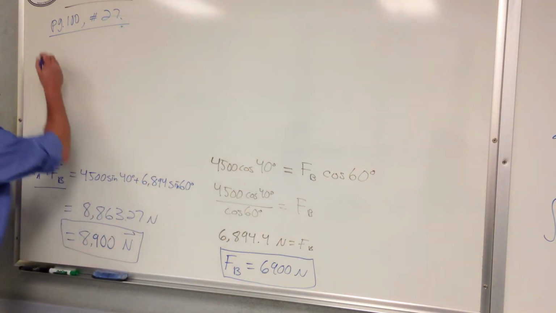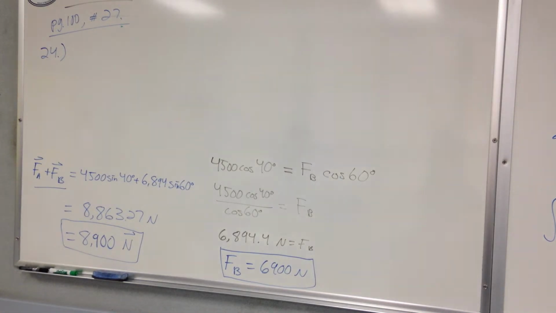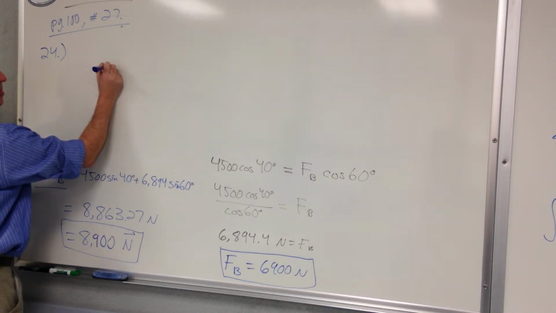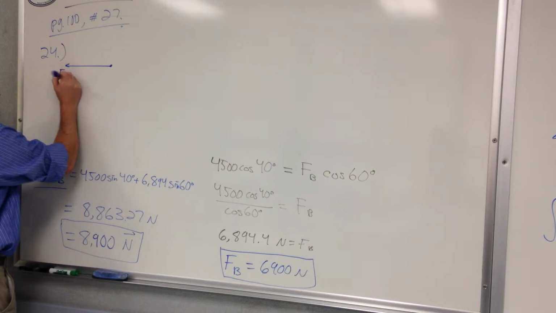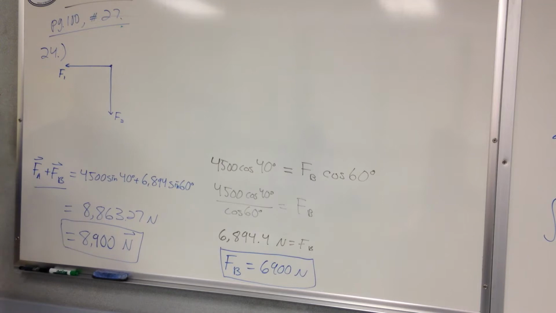So now for number 24, I'm just going to jump right to the drawing. It's on page 99, and it says the two forces shown. In the first drawing, F sub 1 is headed straight to the left, and F sub 2 is heading down.